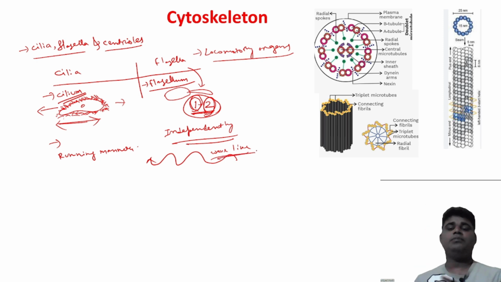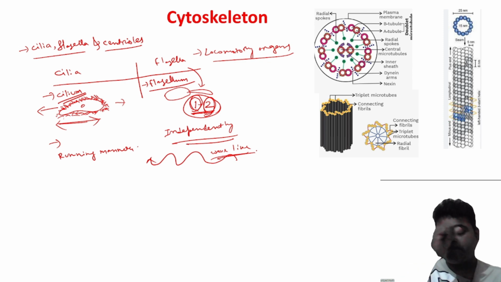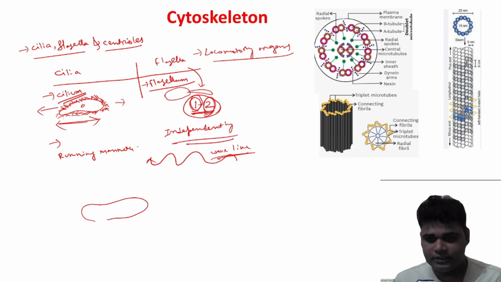So this is the main difference between the cilia and the flagella. Now look at the structure of the cilia and the flagella, or the microtubules which are present in them. But before going to that, for example, this is the paramecium. Okay. So the cilia structure looks like this. That means this is the whole cilia structure.